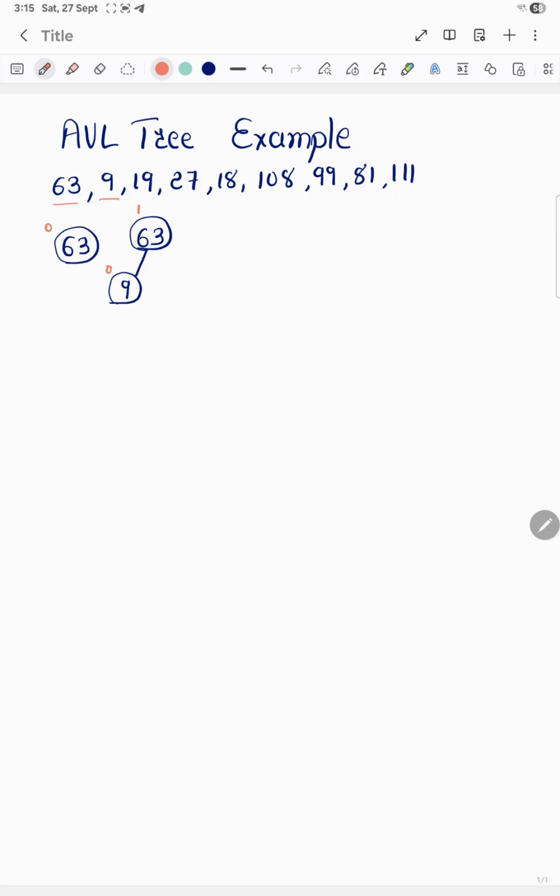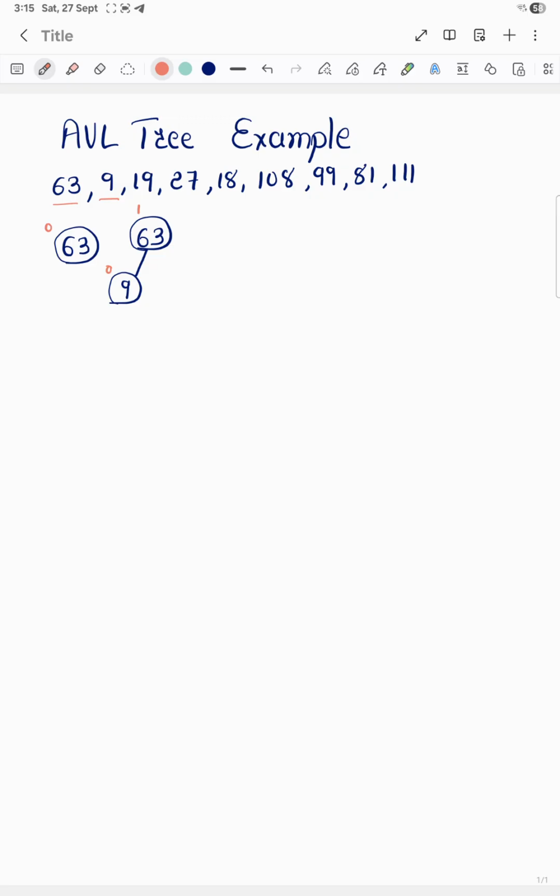You need to keep in mind that you need to follow the constraint of a binary search tree, because an AVL tree is a kind of binary search tree that is also balanced. Then it becomes an AVL tree. Now next is 19.